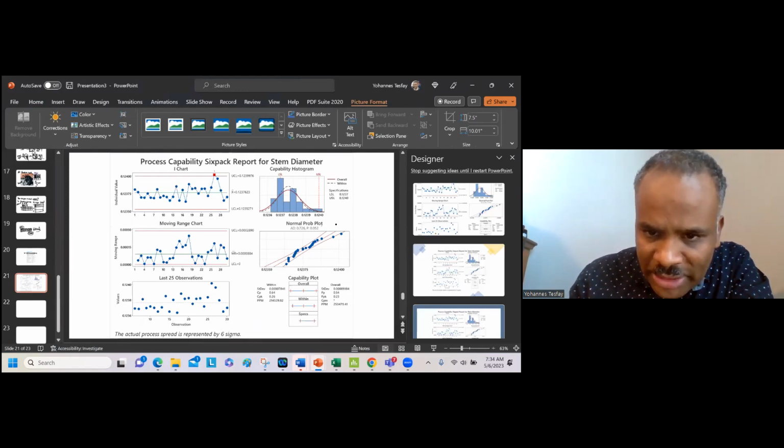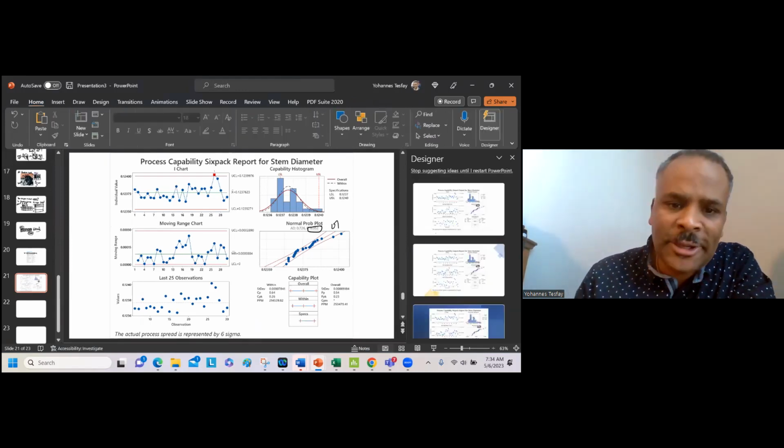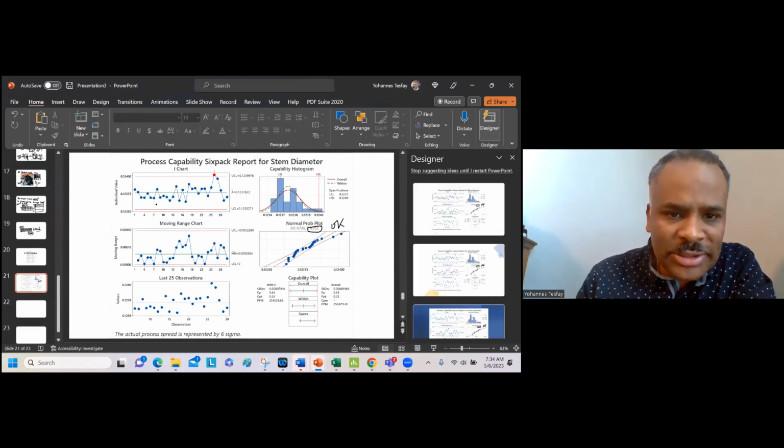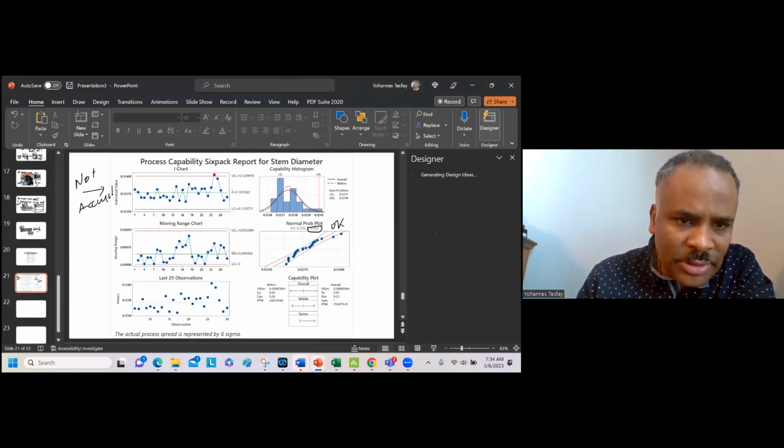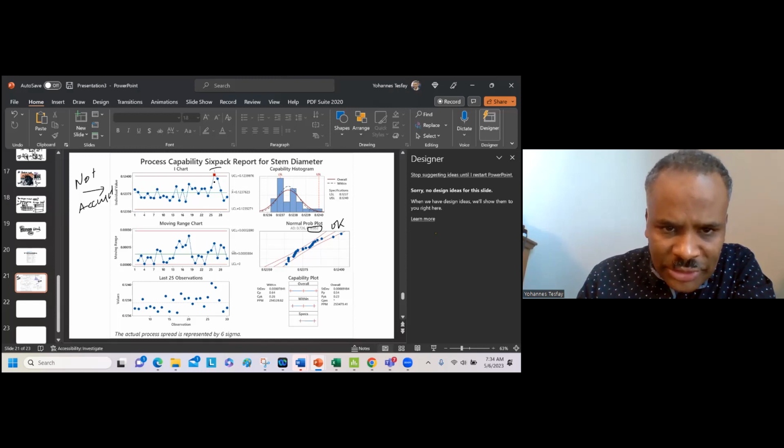I'm okay. Then I'm gonna just look at the process capability right here. This process needs improvement in accuracy, because of this observation.